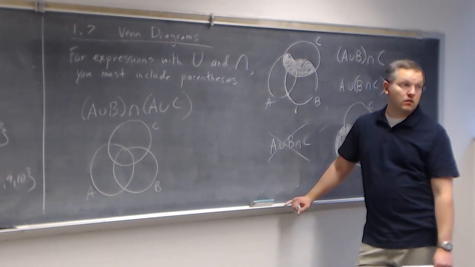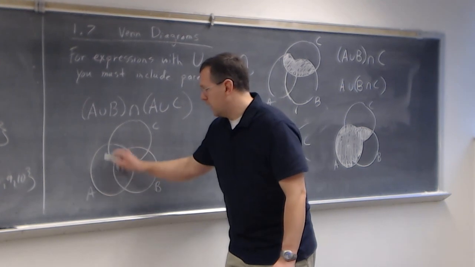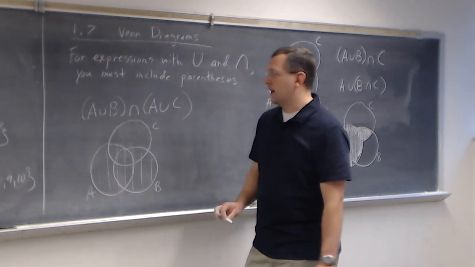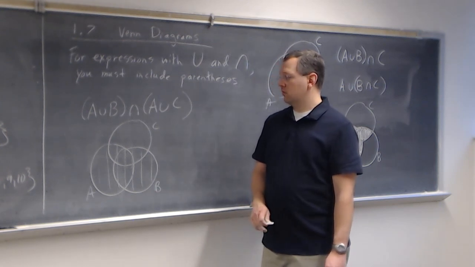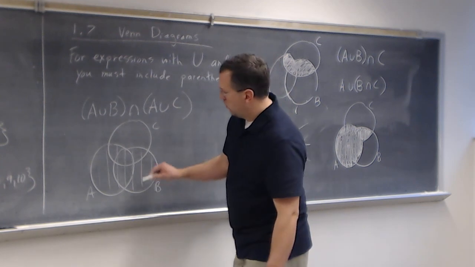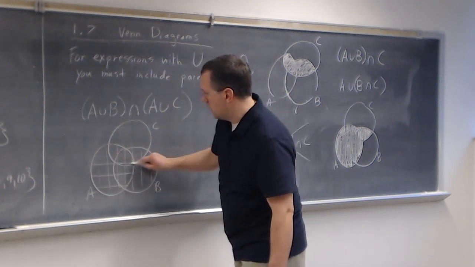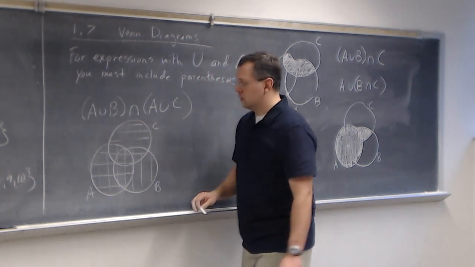So A union B: I'm going to shade in everything in A or in B. We use vertical lines, there's A union B. What does A union C look like? Well, I'm going to shade in everything that's in A or in C. So horizontal lines.